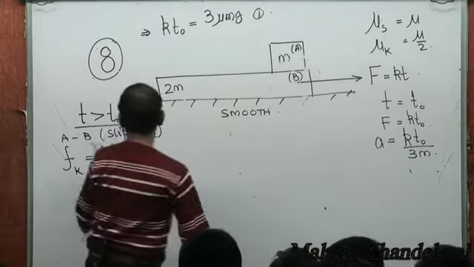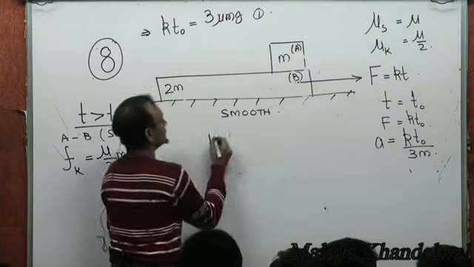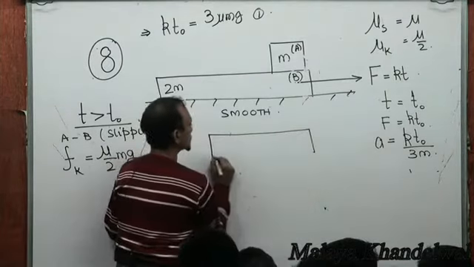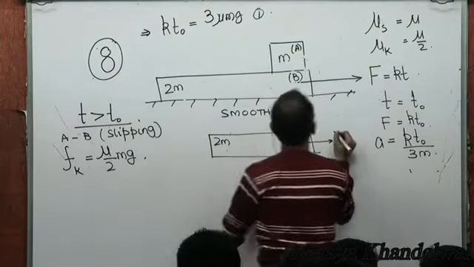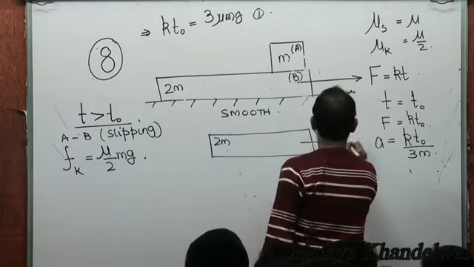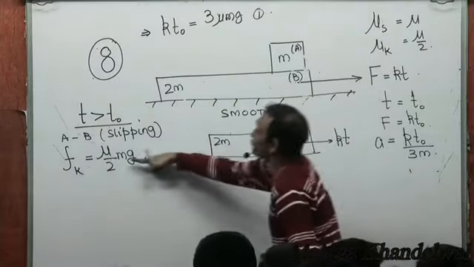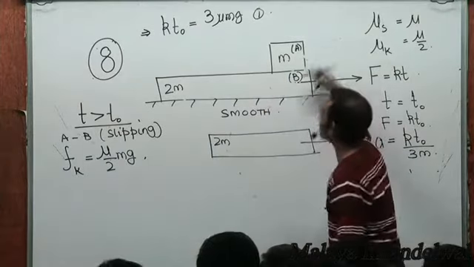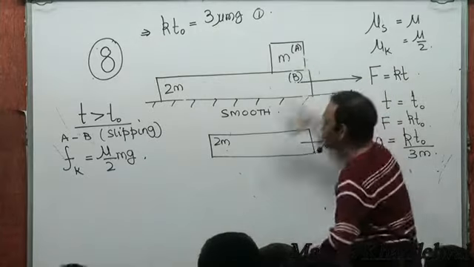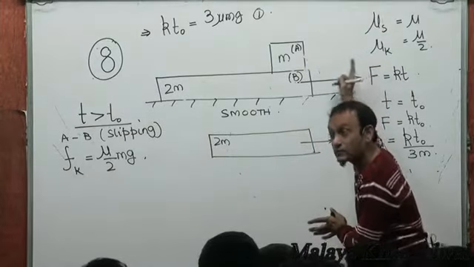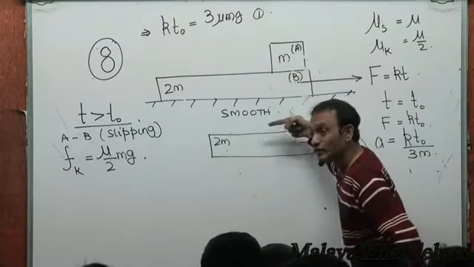Now for t greater than t naught, if I look at block B, the lower block, the free body diagram: F is kt. B exerts on A a frictional force mu by 2 mg to the right, because A is driven by friction alone. So B will oblige A by exerting on it a kinetic friction Fk to the right. So A will exert on B Fk to the left.